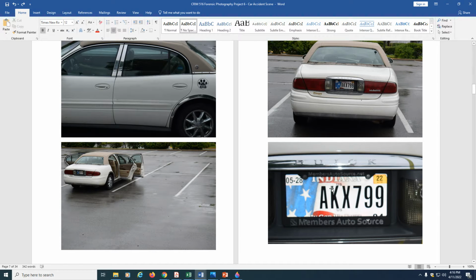And here's the other thing. Once again, going back to identifying the vehicle and specifying which vehicle, you always want to indicate, once again, what vehicle we're talking about. Because if I just take this picture right here, the license plate, that doesn't indicate anything. That picture in and of itself does not tell me much about the vehicle. Yeah, I can see it's a Buick.